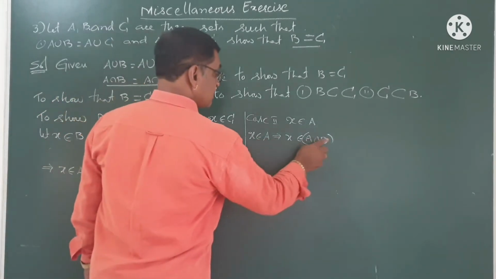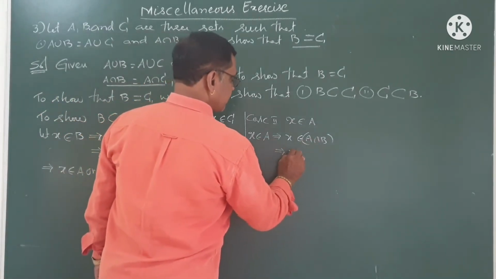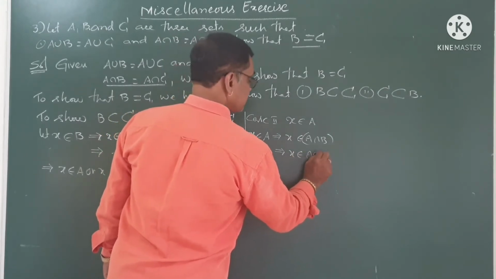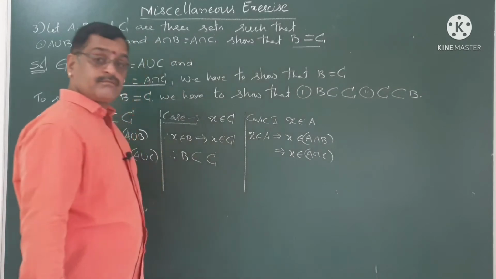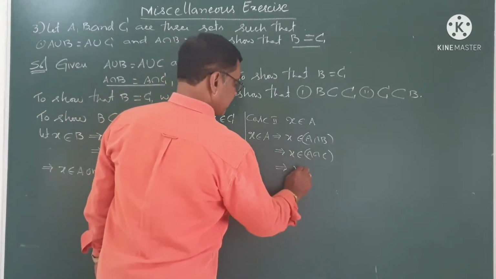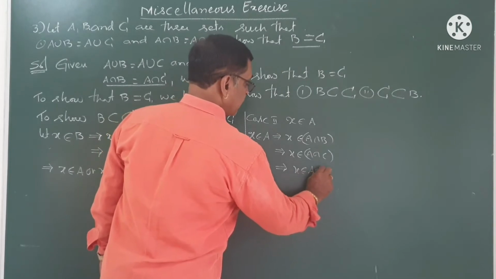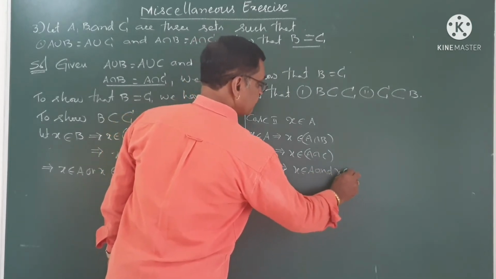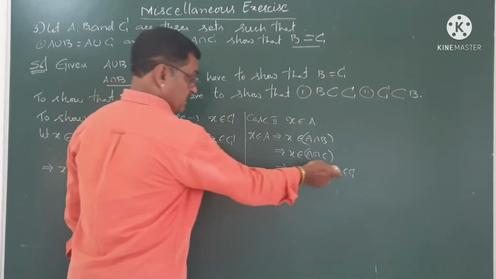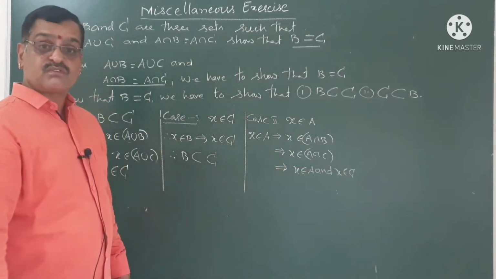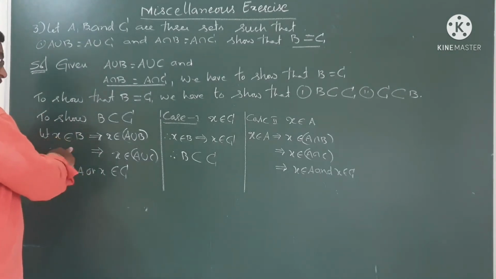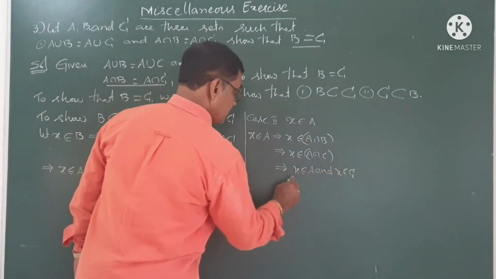What is that? x belongs to A intersection B implies x belongs to A intersection C. x belongs to A intersection C implies x belongs to A and x belongs to C. I have x belongs to A, no problem. Now I have a new thing, x belongs to C. My conclusion here, I started with x belongs to B, ended with x belongs to C.